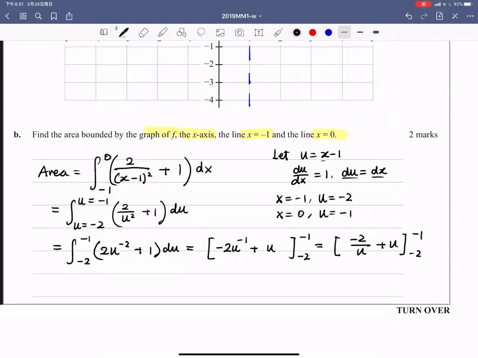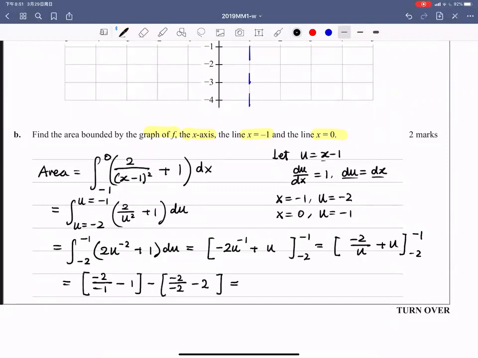Let's see how it goes. Substitute -1, that's your upper bound, into the antiderivative, and then you end up with -2 over -2.